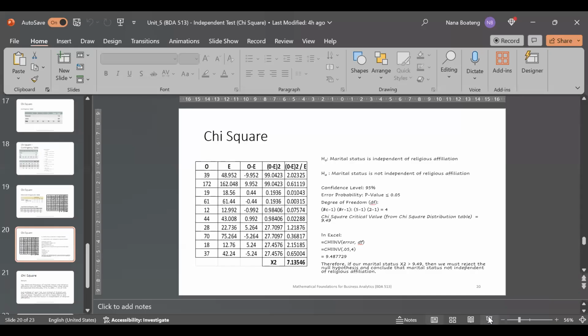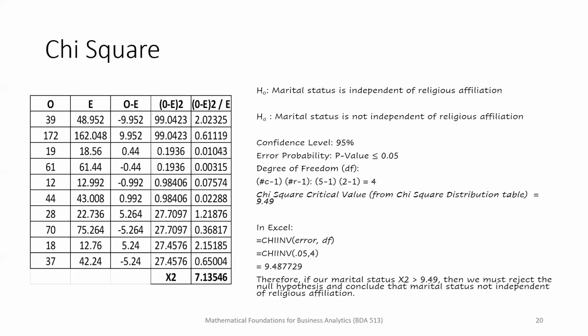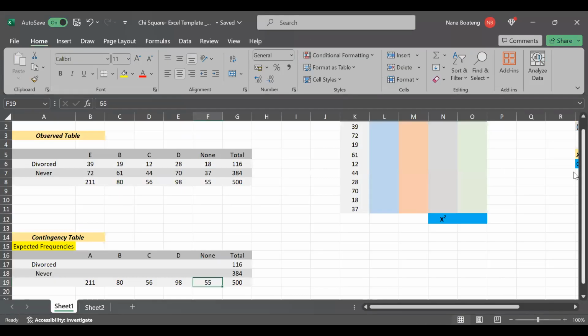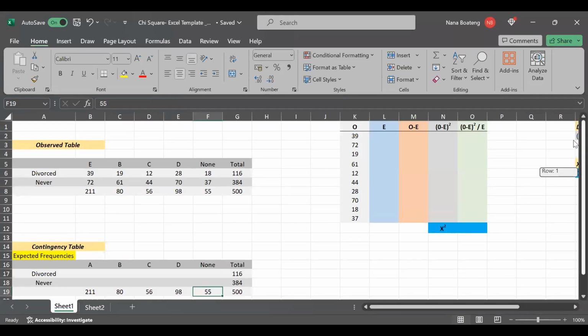So please, any other question? So let's see how we work this. The same thing, let's go and use it in Excel. With the blank one that I've given you, okay, we have the template.